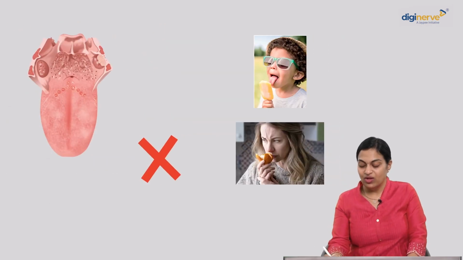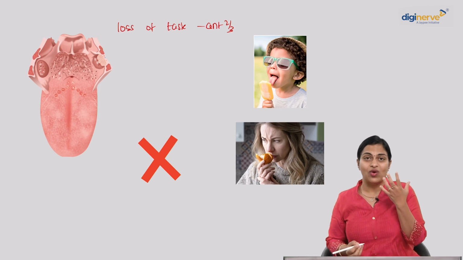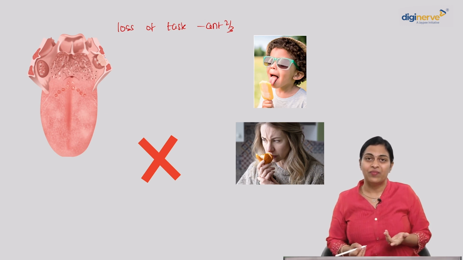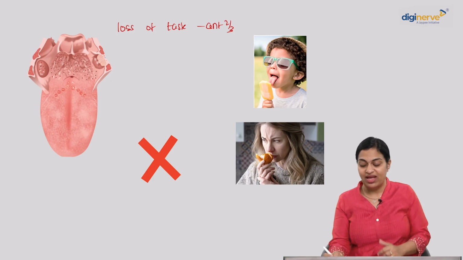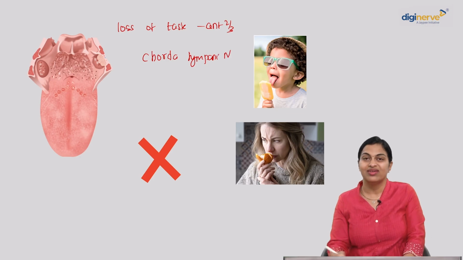And loss of taste from the anterior 2/3 of the tongue. You can smell that it is an orange, but if you try to eat it, it doesn't taste like an orange at all. Absence of taste sensation from the anterior 2/3 of the tongue. The nerve that is injured is the chorda tympani nerve.